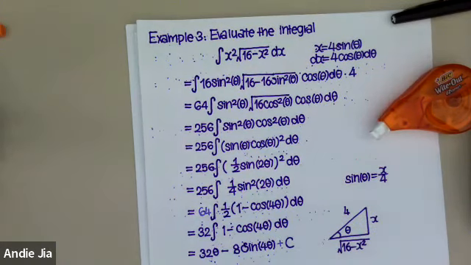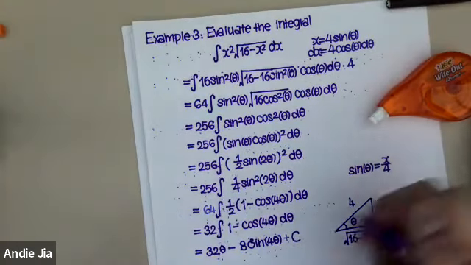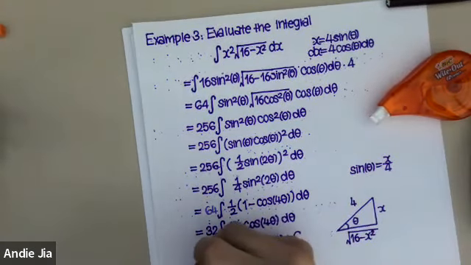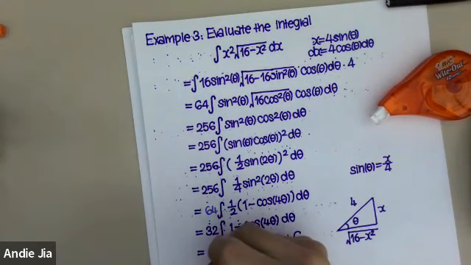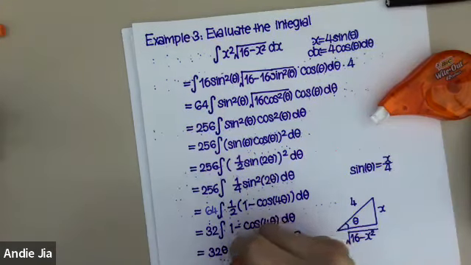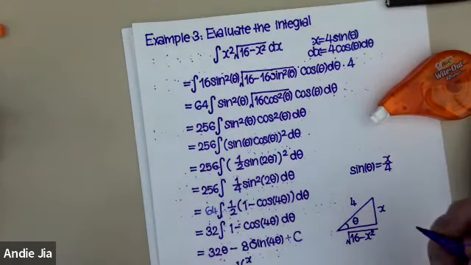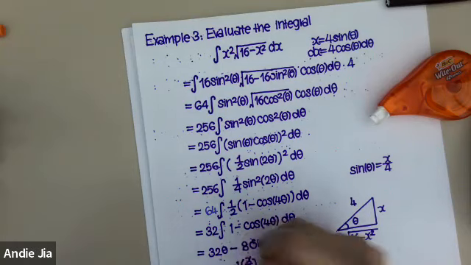Theta is going to be arc sine of x over 4.